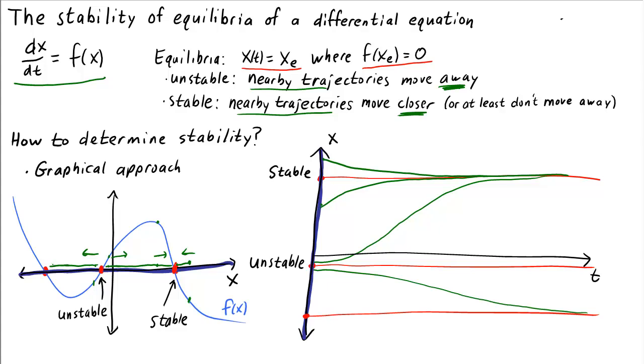What about the lower equilibrium? Well, I already saw that if I start above, I'll move closer to it. And in particular, if I start very close and above, I'll move closer to it, since the nearby trajectories are the important ones for stability. So if I start here right above it, I'll move with time closer to it.